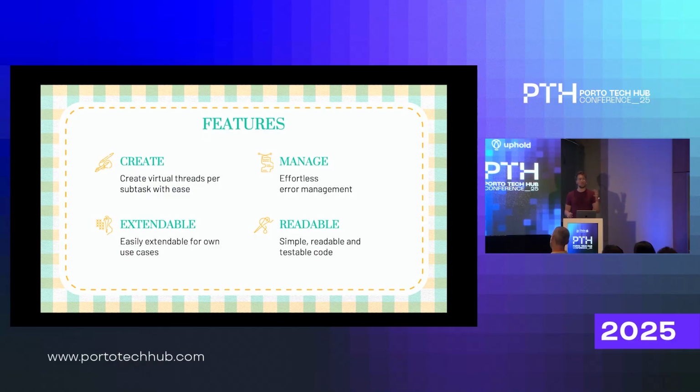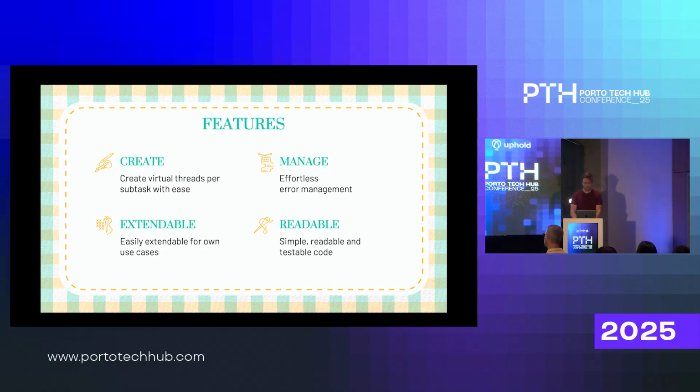We don't have to use a built-in joiner. We can just use or create one for our specific case. And I think this is the most important stuff. It creates readable, simple, and also testable code. You don't have to have your own framework or library to put asynchronous code back into synchronous. Everything just is still working as before. And you also don't have to rewrite your whole application to be asynchronous to test if this works for you.